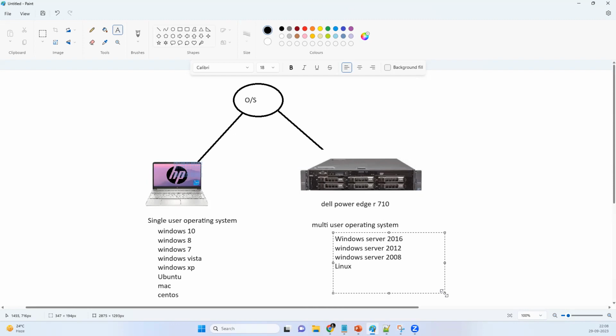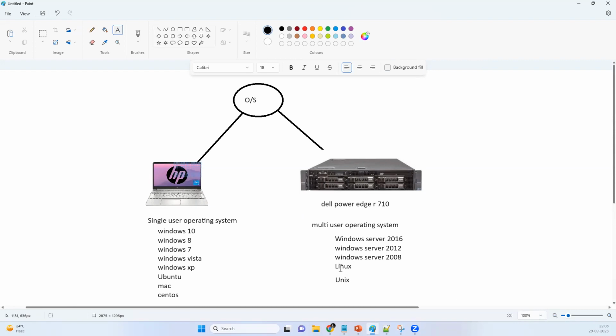Linux is a multi-user operating system. Then Unix also is a multi-user operating system. So these all are the multi-user operating systems.